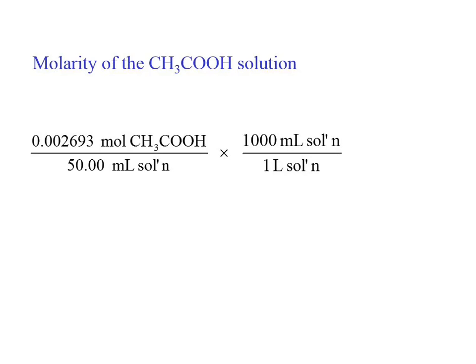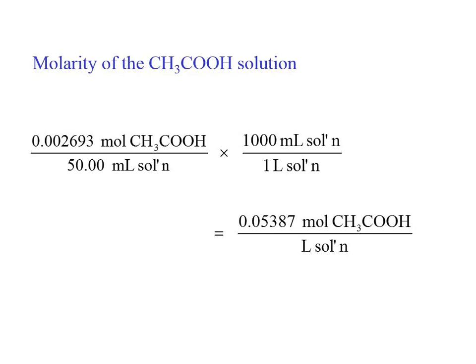And then we can round it to 4 significant figures. So I got 0.05387 moles CH3COOH per 1 liter of solution, or affectionately called 0.05387 molar, big M, CH3COOH. And that's it.